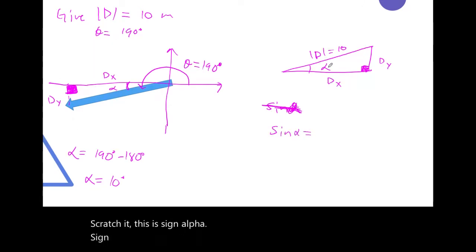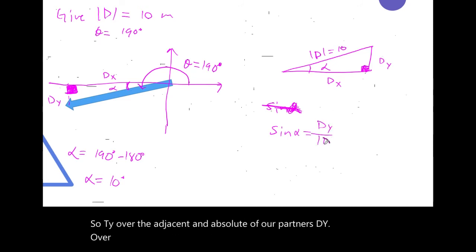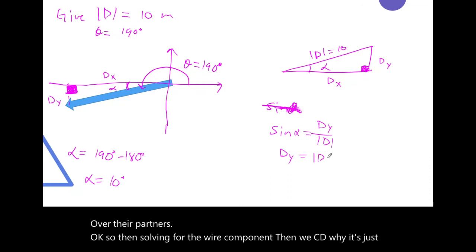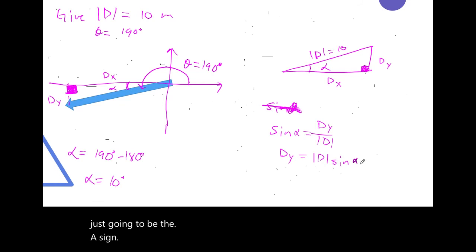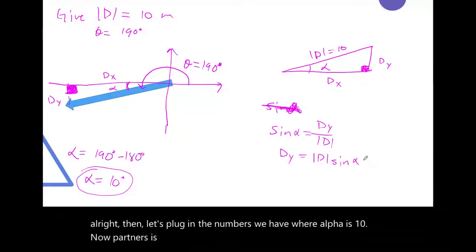Sine alpha is going to be the opposite, dy, over the hypotenuse. So solving for the y component, dy is just going to be the hypotenuse times the sine of alpha. Let's plug in the numbers we have, where alpha is 10 and the hypotenuse is also 10.